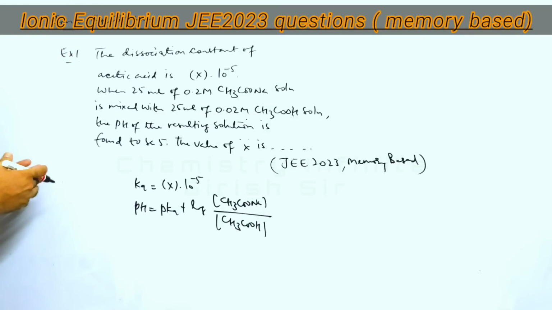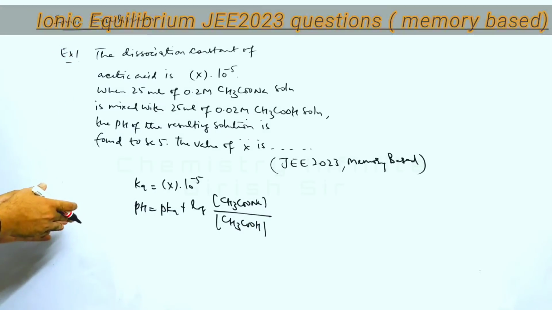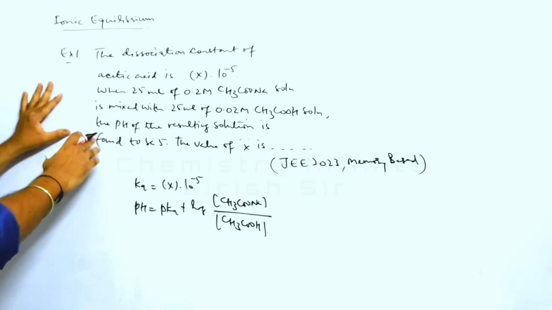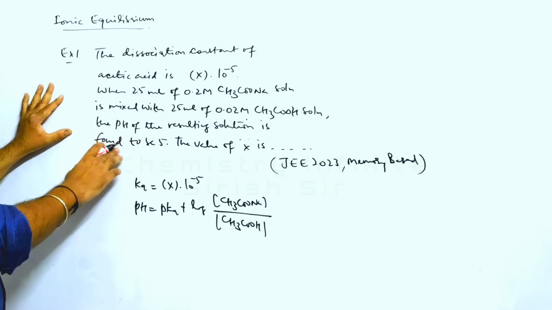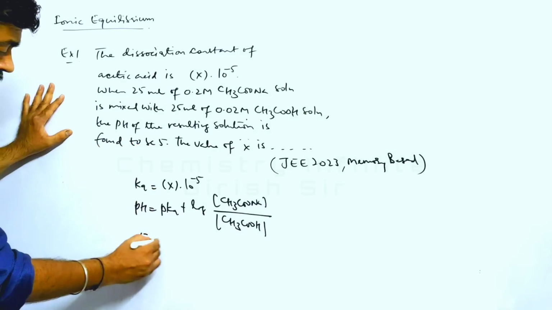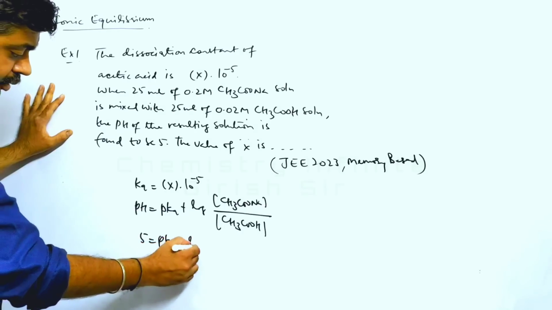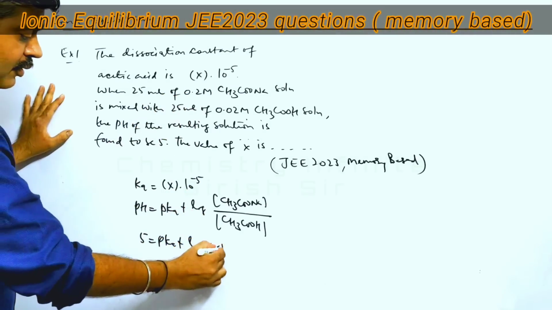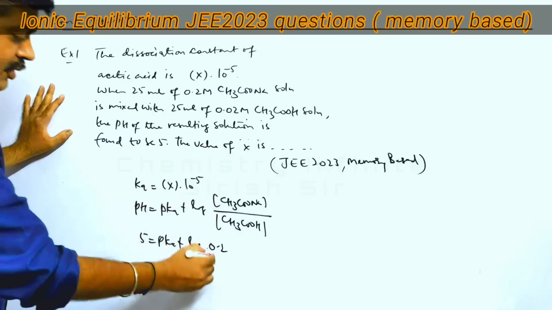Now we'll put in the given values and try to find the pKa and hence Ka. The pH of this solution is given as 5. Concentration of salt is 0.2, concentration of acid is 0.02.